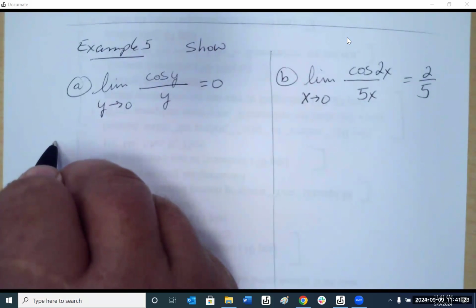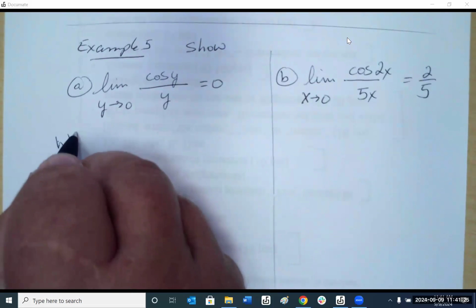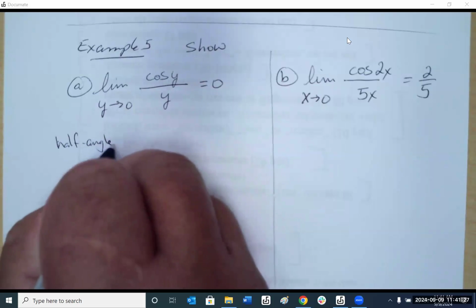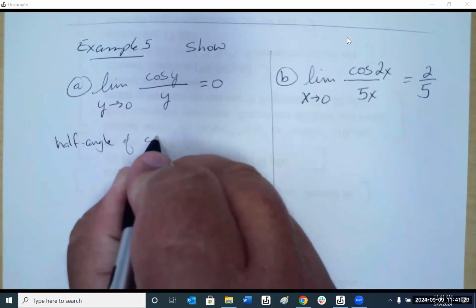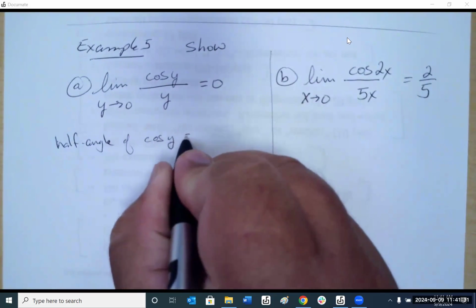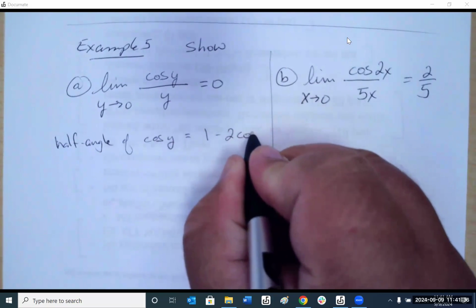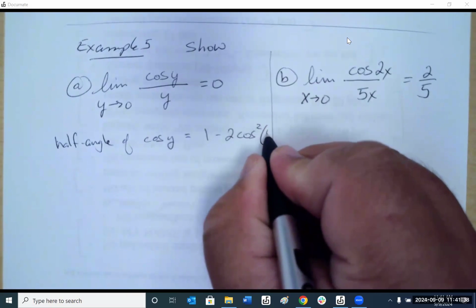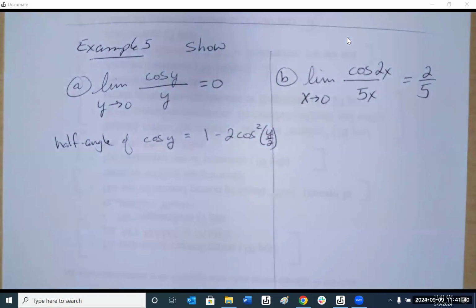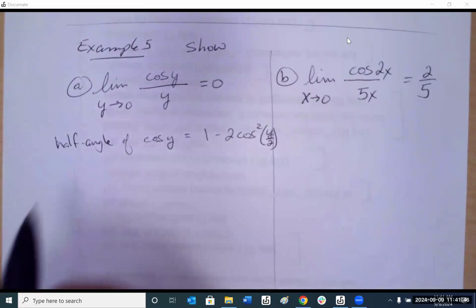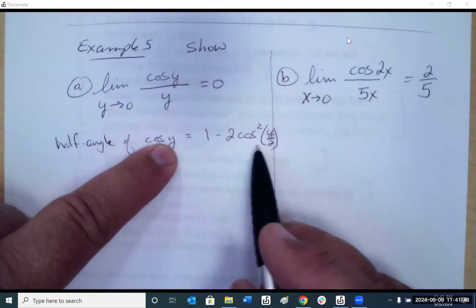For cosine, the half angle: cosine y is equal to 1 minus 2 cosine squared y over 2. That's the half angle.